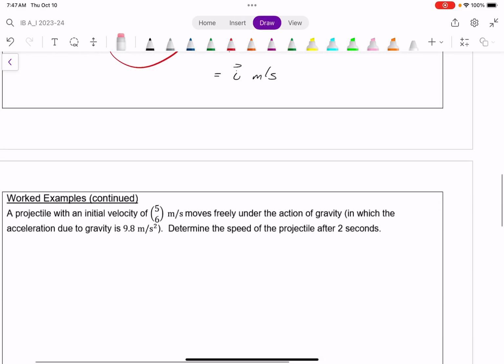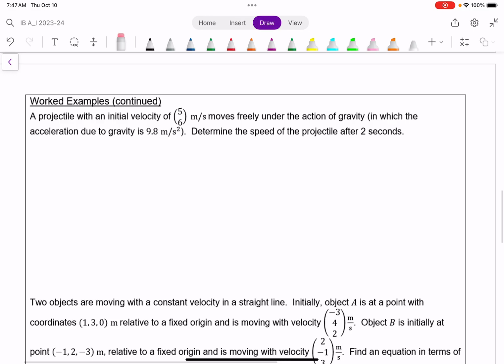All right, so a little less abstract. Let's imagine an object being basically thrown into the air, fired into the air, in which case gravity starts to pull it down. And so we have a projectile with an initial velocity of (5, 6) meters per second. So let's think what that means.